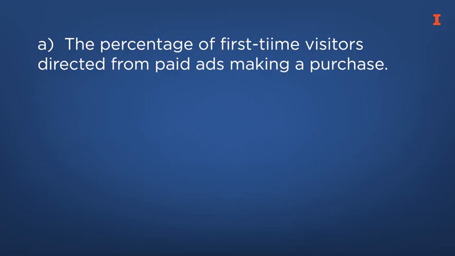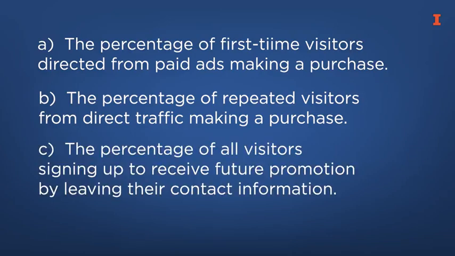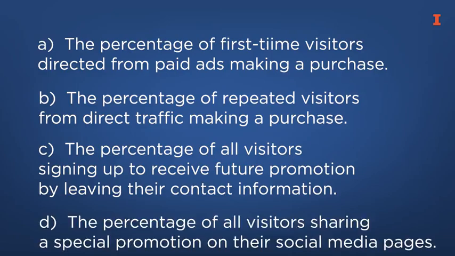The choices are A, the percentage of first-time visitors directed from paid ads making a purchase; B, the percentage of repeated visitors from direct traffic making a purchase; C, the percentage of all visitors signing up to receive future promotions by leaving their contact information; or D, the percentage of all visitors sharing a special promotion on their social media pages. The answer in this case is B.